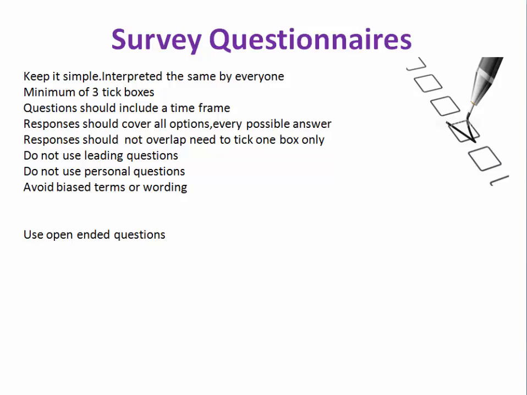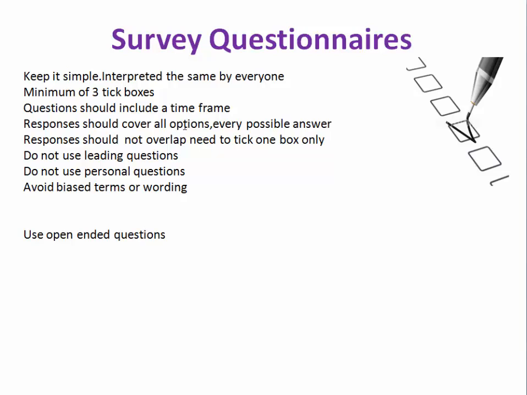When we're doing our survey for getting our primary data, we have to keep the questions simple so they can be interpreted the same by everyone. There has to be a minimum of 3 boxes. The question should include a time frame, very important that, a time frame.